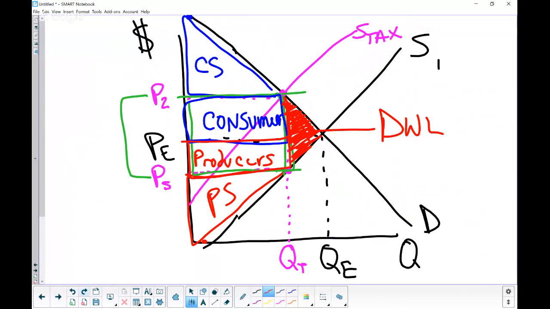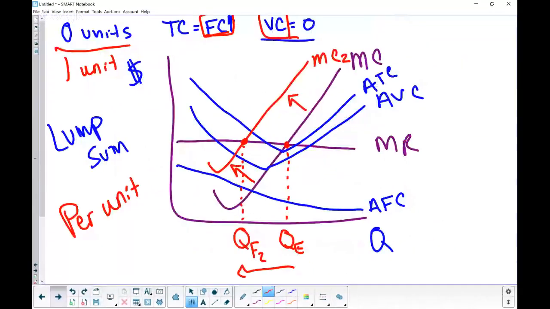Because we're price takers, all that would do in the market is essentially raise our price overall. But when we're operating within the firm, the per unit tax is placed on the firm, so they have to pay for it, which means our quantity is going to go down.